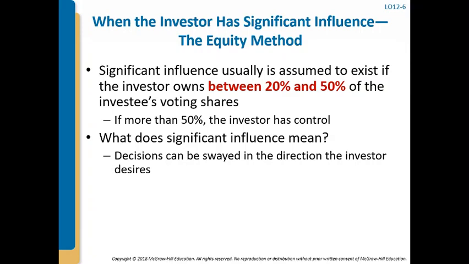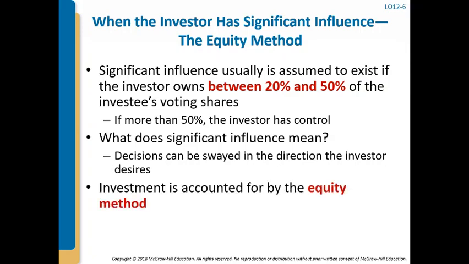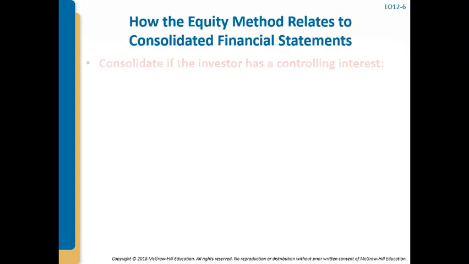Well, decisions can be swayed in the direction of the investor's desires concerning financial and operations matters. And so if you have significant influence, you must account for this investment using the equity method.